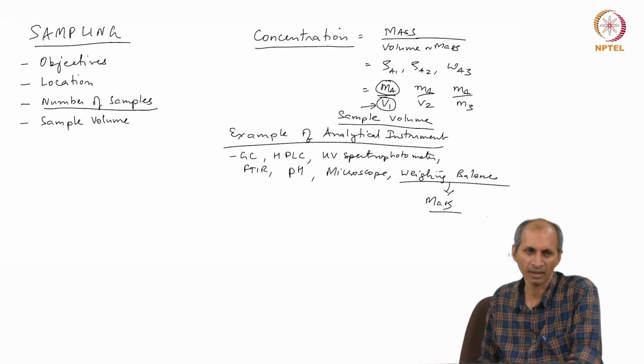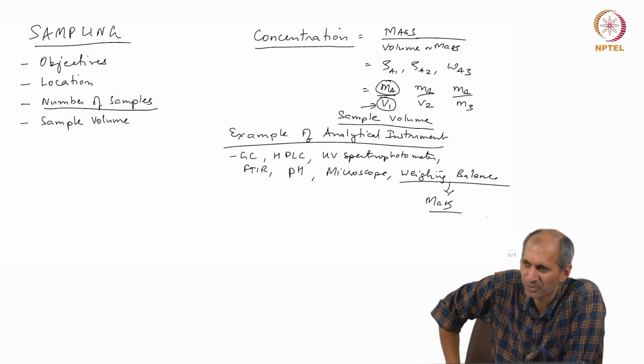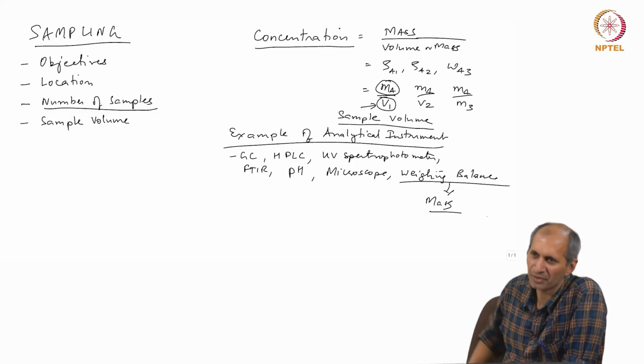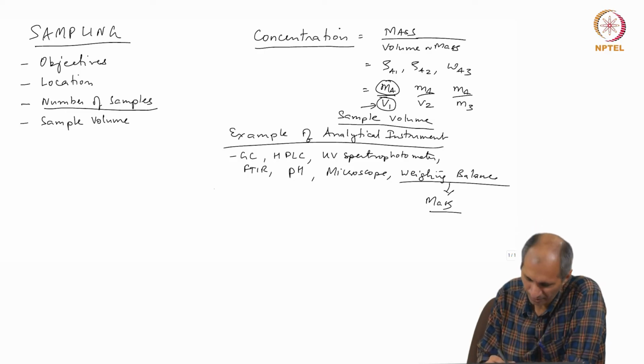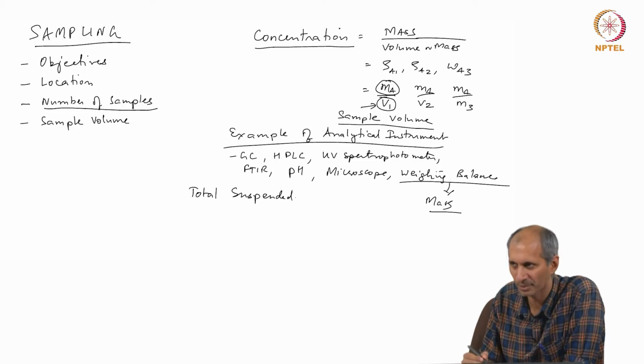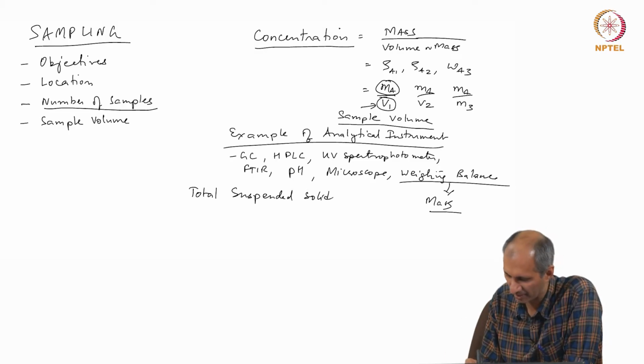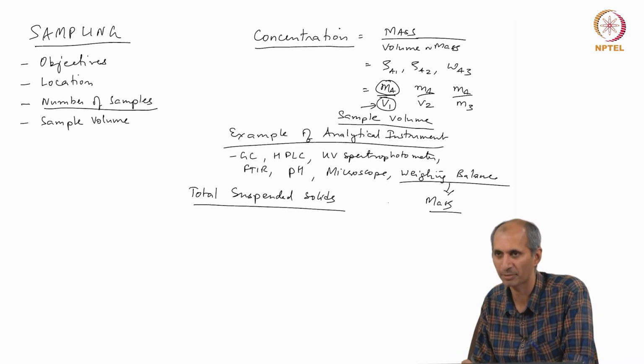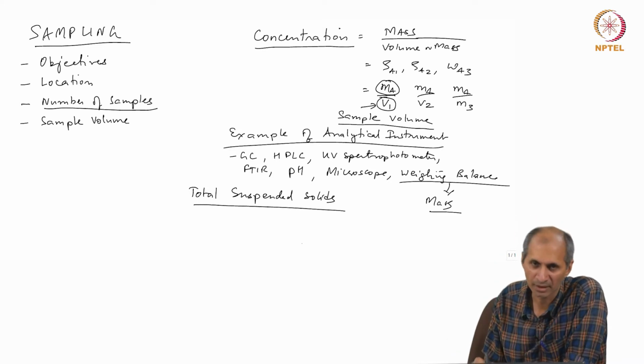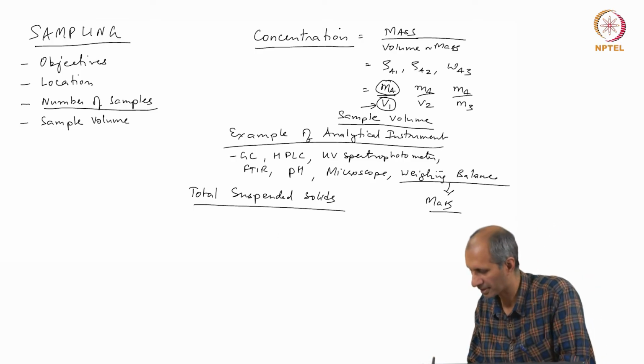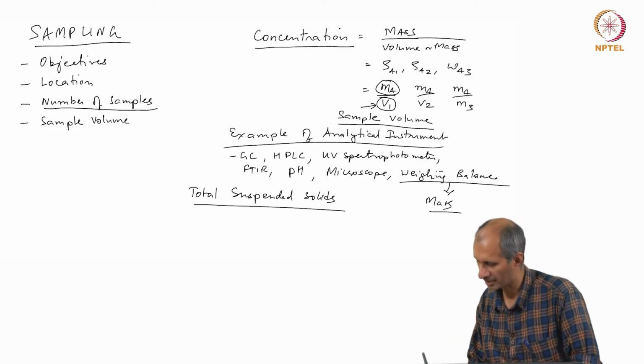Now, let us say that we will do a simple measurement of total suspended solids. I will describe what the total suspended solids method is, and then based on this example I will explain what we are trying to discuss here.